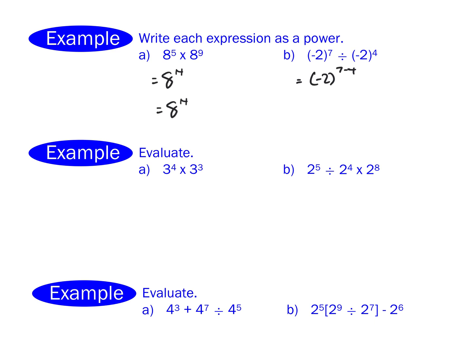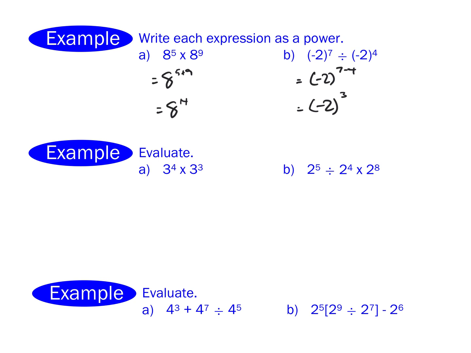I'm just doing this so that if you look back at this later, it'll be crystal clear what this came from. 5 plus 9 is 14. All right, now going back to this one, 7 minus 4. What's 7 minus 4? 3. So we get negative 2 to the exponent 3.